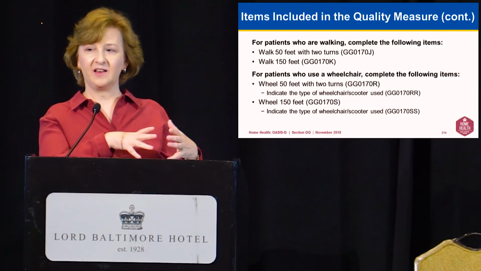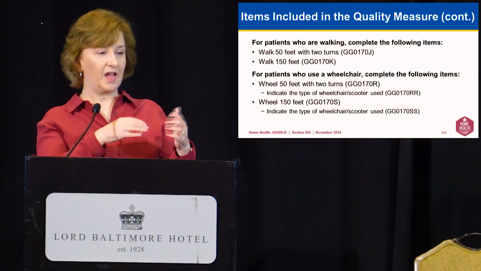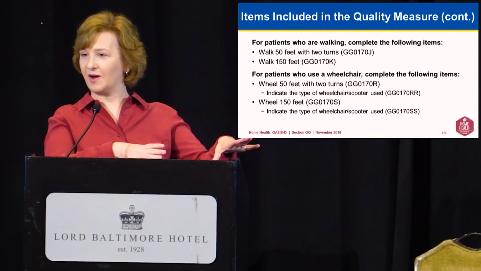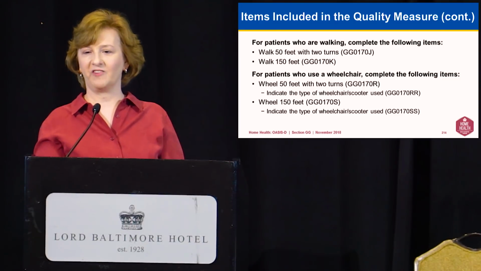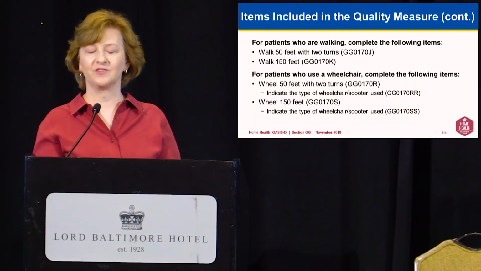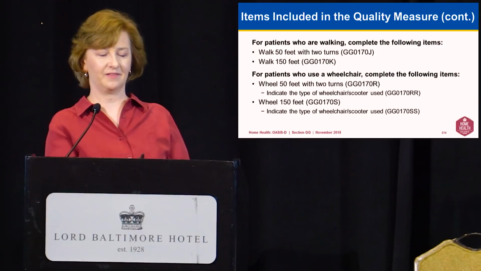And in the event that somebody does not use a wheelchair, if you answer the gateway question saying the person does not use a wheelchair, then you get skipped out of all the wheelchair items, and so you've provided the needed information for wheelchair because the person doesn't use a wheelchair. So just the gateway is enough on that one.